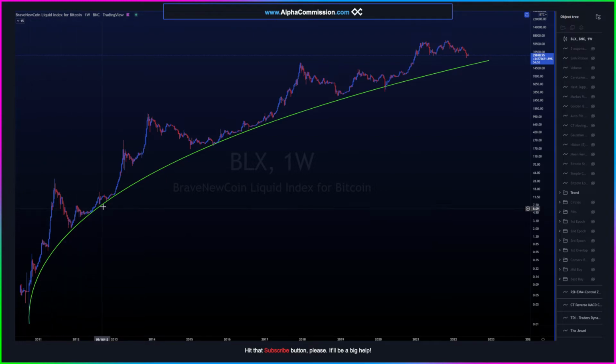Well, we have all these clean touches at the bottom here. Of course, on the weekly we can perhaps ignore this hyper wick down during the economic crash, but that would still suggest a projection that perhaps could get as low as $20,000 within reason, right?